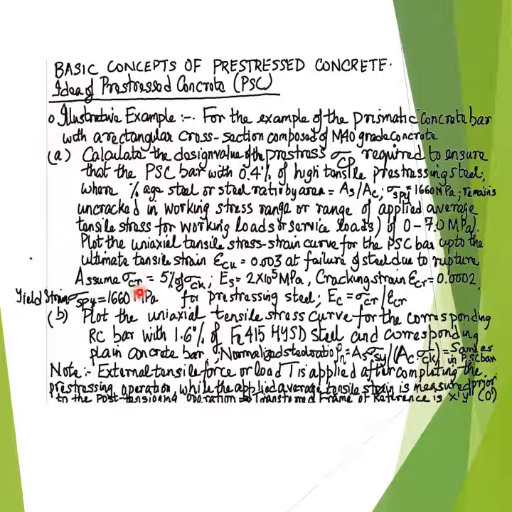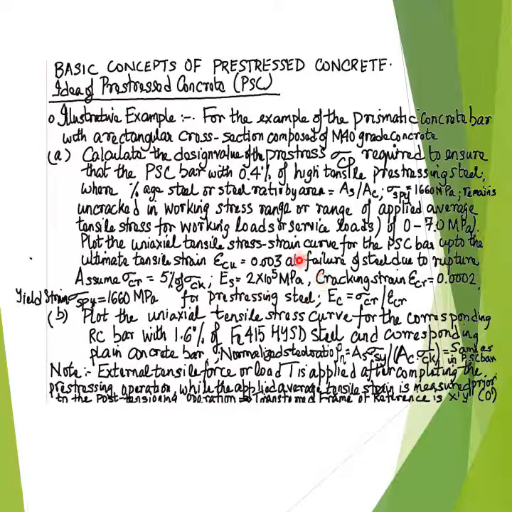That is, the cracking stress of concrete, or the cracking strength of concrete, or the modulus of rupture of concrete, denoted as sigma subscript CR, is 5% of the characteristic compressive strength, where the characteristic compressive strength of concrete is given as 40 MPa, corresponding to M40 grade concrete, which is the same grade of concrete that is specified in question number 1 of assignment number 1.